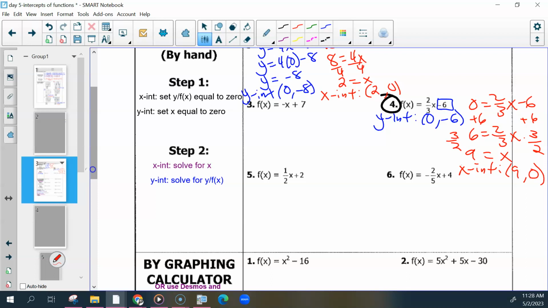The next section is finding your intercepts from a calculator, like strictly using a calculator. Are there any of those you want to see, do, go over, review? If not, go on to the next page.